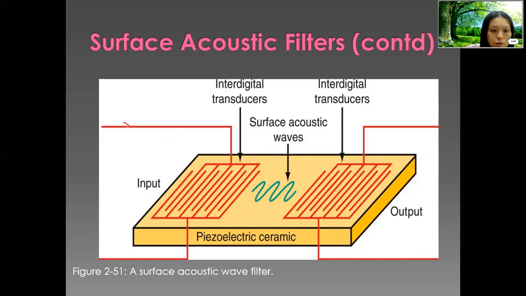We have the input to the interdigital transducer, and at this interdigital transducer, it will generate a surface acoustic wave on the piezoelectric ceramic, and this surface acoustic wave will transmit to the interdigital transducer at the output side.